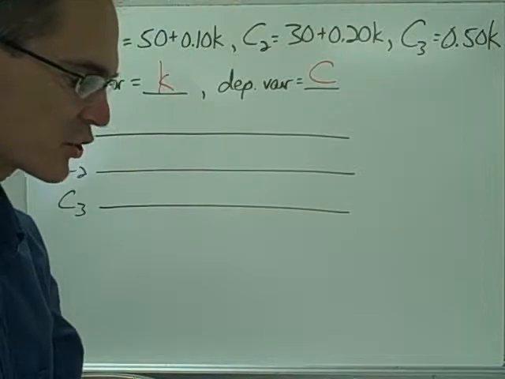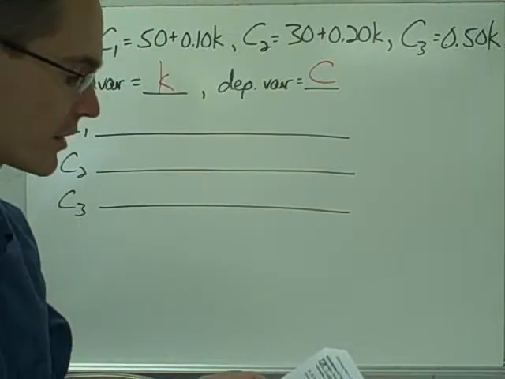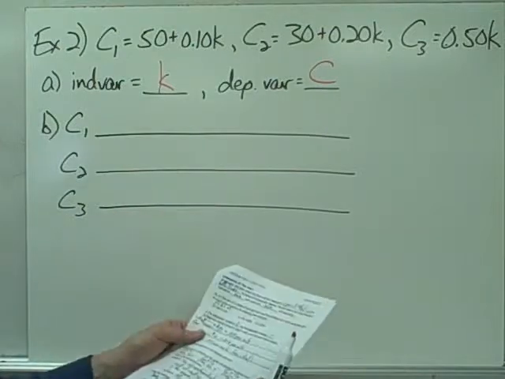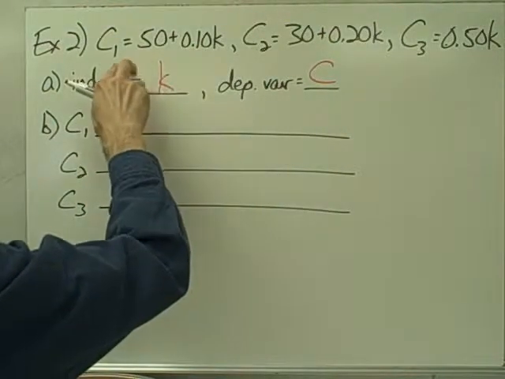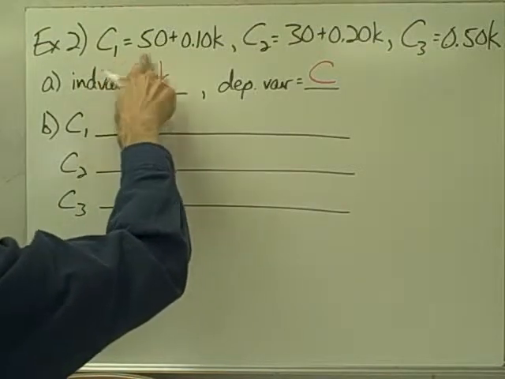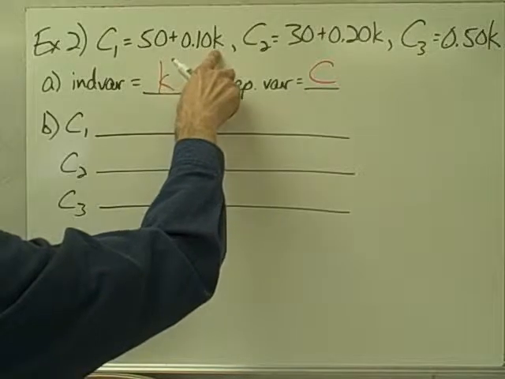So part b says, describe in words how much it costs to rent a car from each rental company. So company number 1, here's my equation right here. The cost for renting a car from company number 1 is 50 plus 0.1 times k.